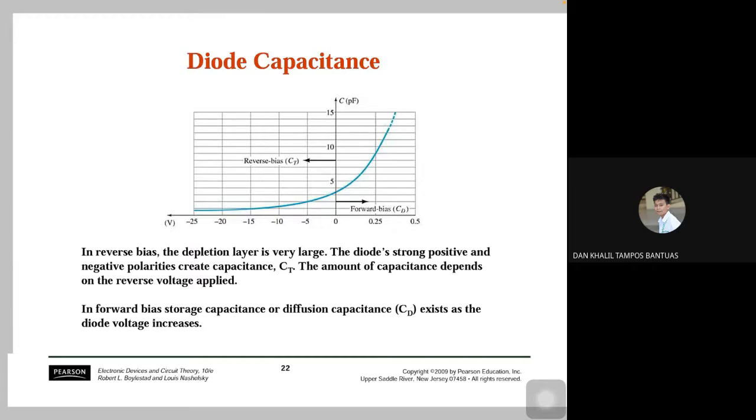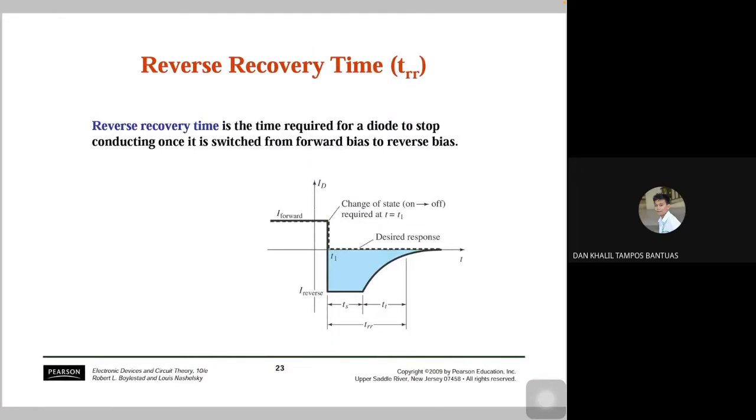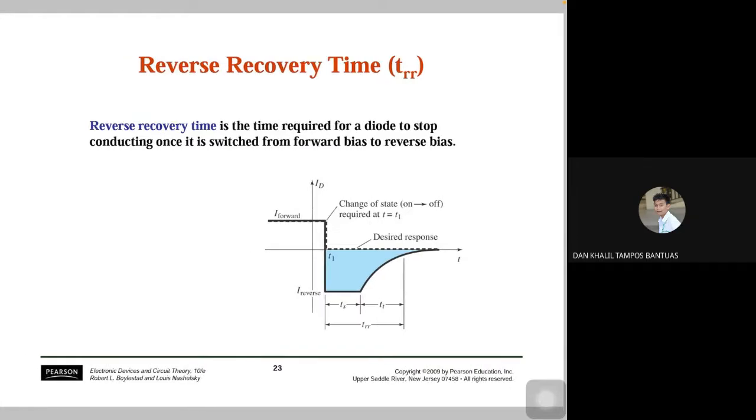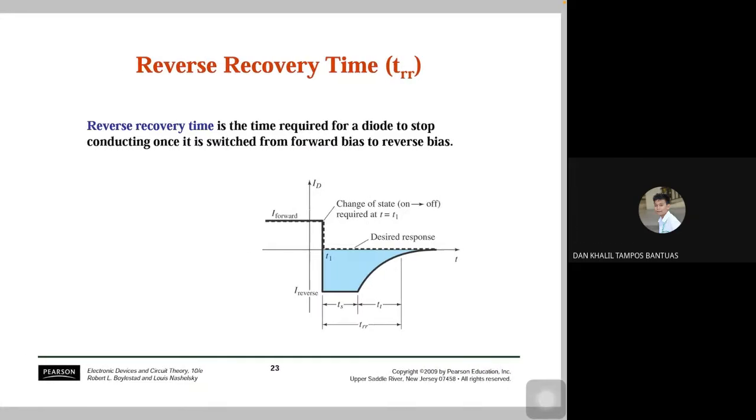So, somehow, the diode has capacitive ability because of the depletion region. Reverse recovery time is the time required for the diode to stop conducting once it switches from forward to reverse. Like all other normal devices, not just diodes, it has recovery time. So it is not instant once the diode turns off.